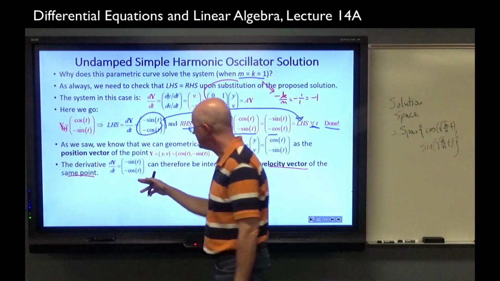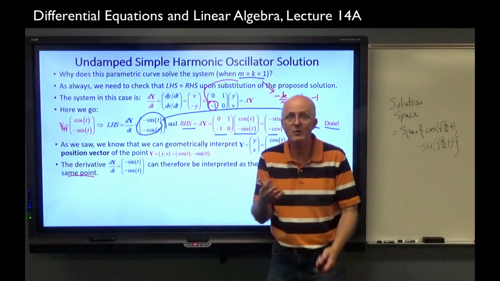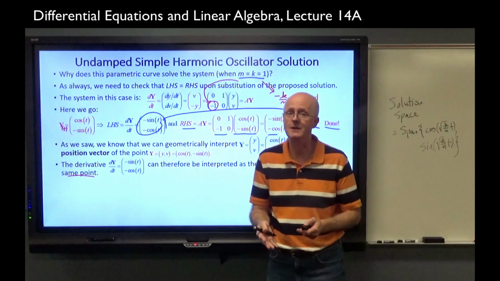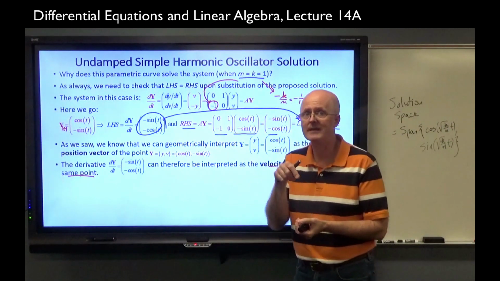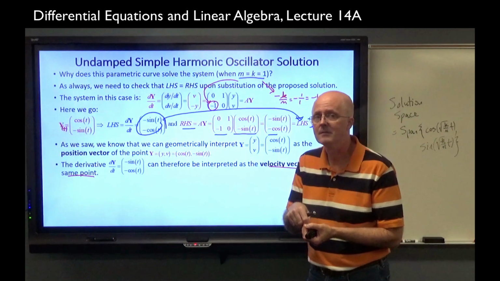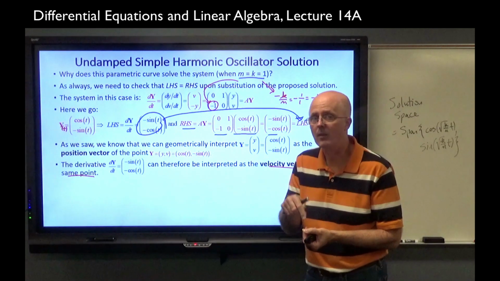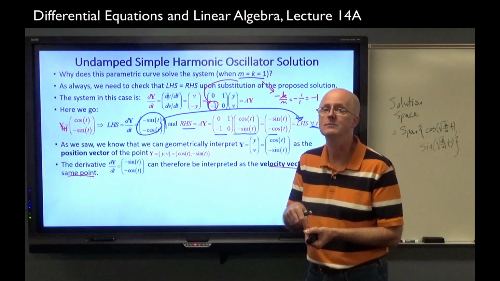Because dy dt, the derivative of this parametric curve, will be its velocity vector. That changes over time. And it's best to draw it with its tail at the black dot, at the location of the point as it moves.